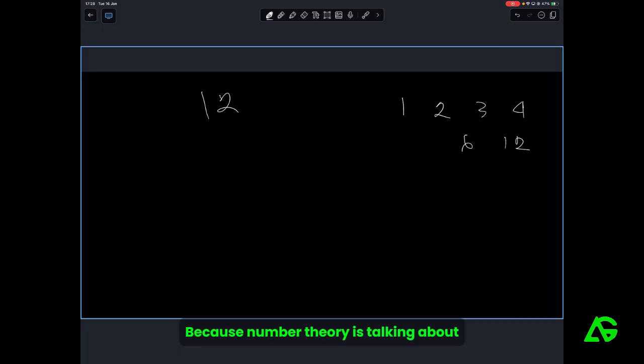Because number theory is talking about everything about numbers. And for the cryptography that we want to look at, we have one kind of number that is very crucial, very important for us to understand how the manipulation is done. That is prime numbers.